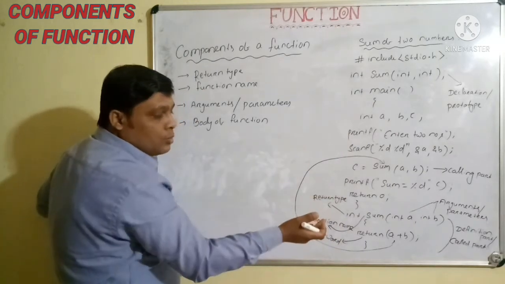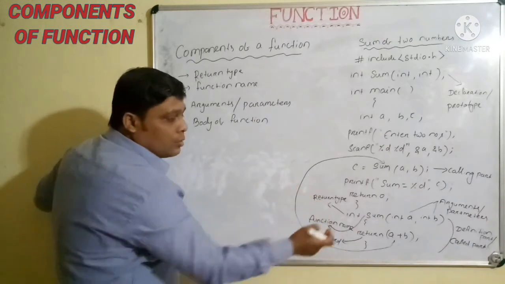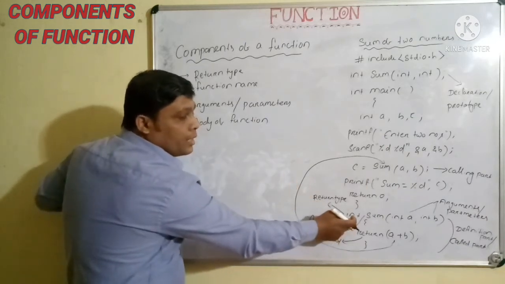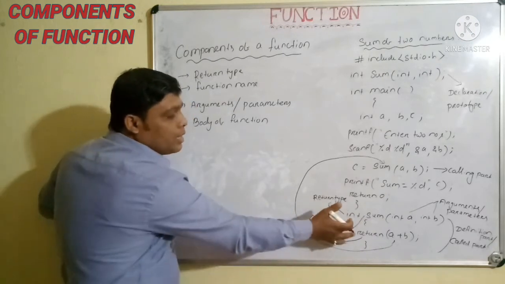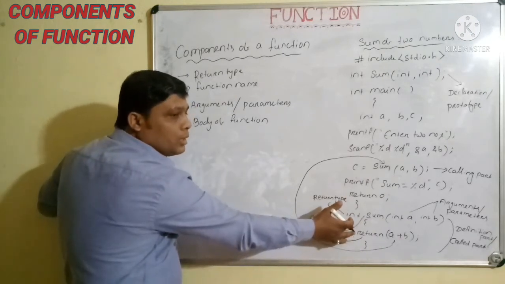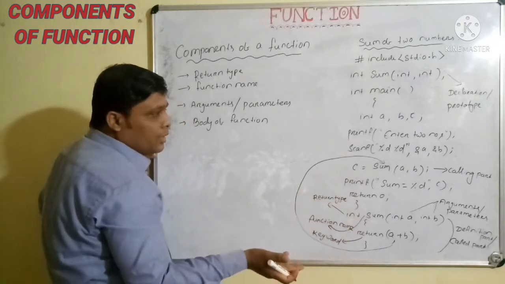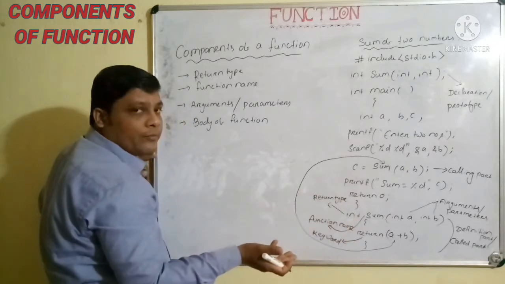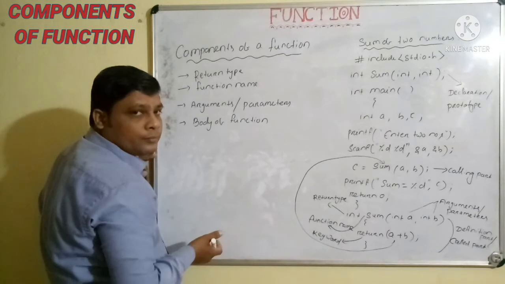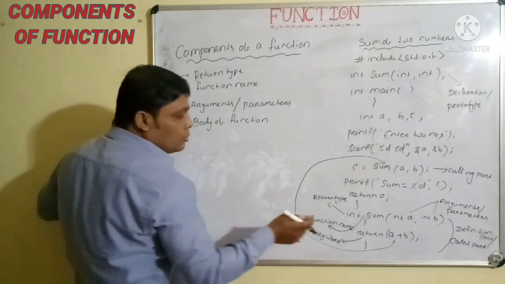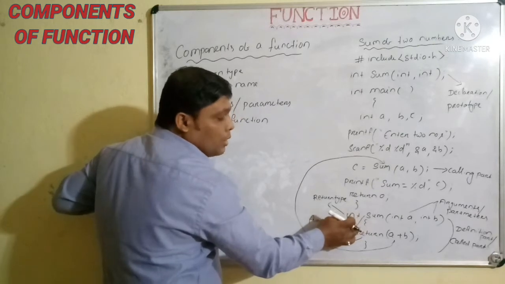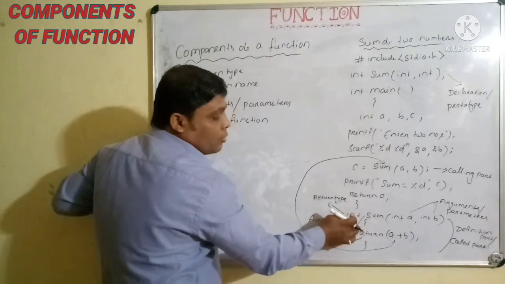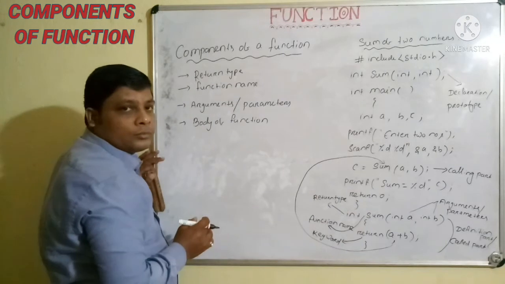According to the type of value it is returning, we have to give the data type as the return type. It may return any primitive data type like integer, character, float, or a user-defined data type like structure or union. Clear?